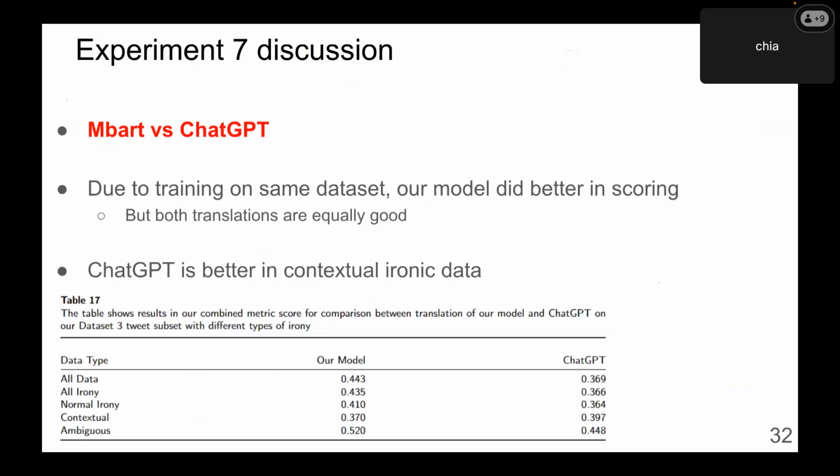However, our translator checked both of the translations, and they are equally good, but just different sentence structure made the metric score our model higher. We can also see that in the contextual irony data, ChatGPT has a higher score because ChatGPT translates everything, including people's names and place names.